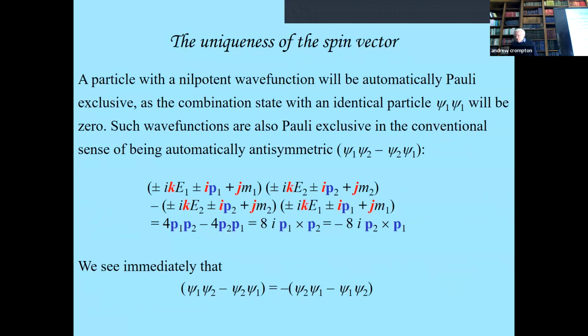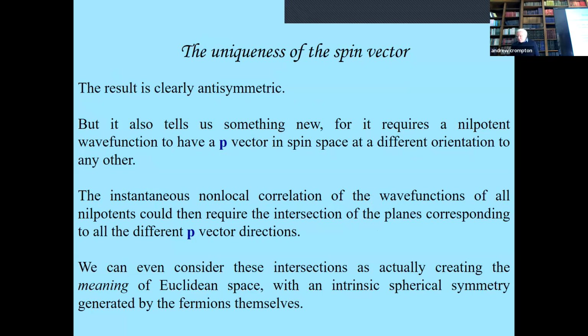Which means that fermions are determined totally by their direction in spin space. They're not determined by anything else. Magnitude doesn't matter. It's just that direction that matters. All must have a different direction.